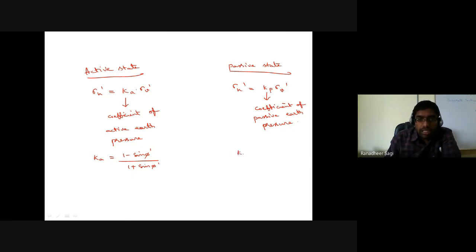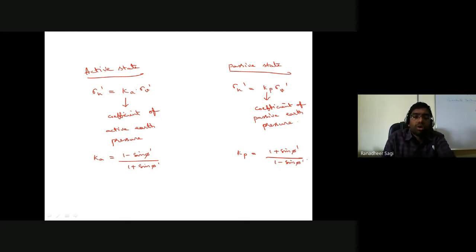And the expression for Kp is 1 plus sine phi dash by 1 minus sine phi dash, which we'll derive from the same fundamental concepts by looking at the Mohr circle you have represented corresponding to the failure condition of the soil, or just at the verge of limiting equilibrium condition.